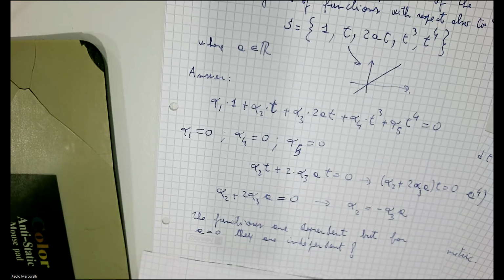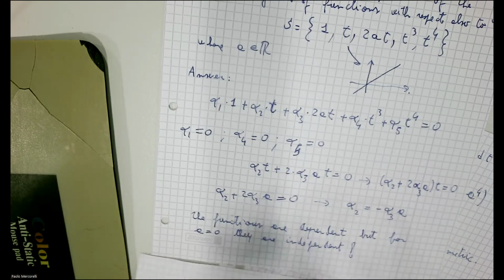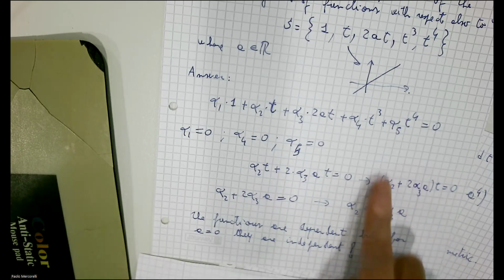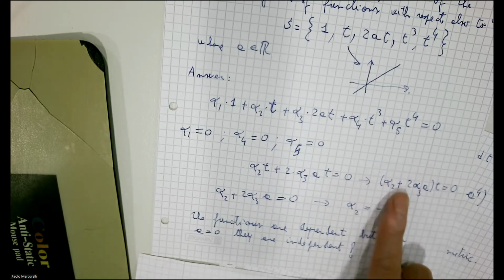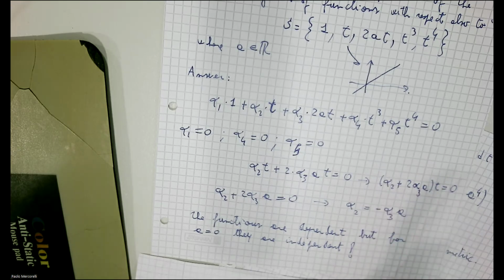Your consideration, your question is interesting. If A is equal minus alpha 2 divided alpha 3, this element is 0. This means 0 equals 0. Did you agree? But for each alpha 2 and alpha 3, this means not necessarily alpha 2 and alpha 3 are 0. This means they are dependent in accordance with the definition.